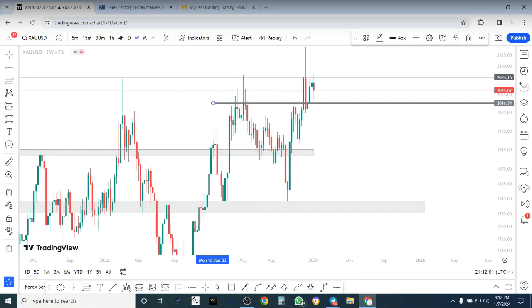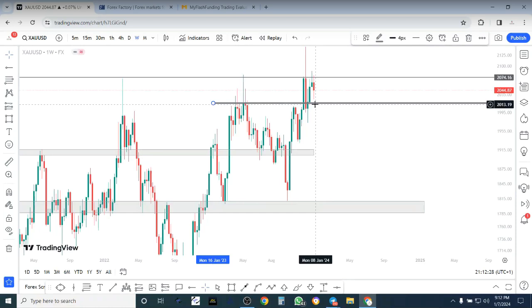For that to happen, we probably need to see another weekly candlestick, or the next 2 weeks' candlesticks, close below here. If that happens, we are already approaching the end of the month, which means there's a higher chance that we close the month with solid bearish price action, represented on our chart as a solid bearish monthly candlestick at a solid resistance level.